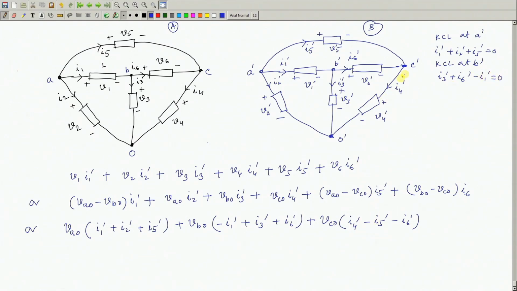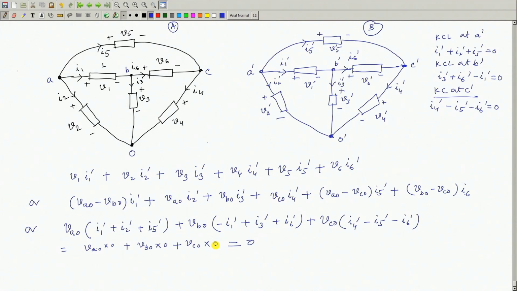And KCL at C dashed will be how much? I4 dashed minus I5 dashed minus I6 dashed is equal to 0. Therefore, this sum is equal to VA0 into 0 plus VB0 into 0 plus VC0 into 0, and this has to be 0.